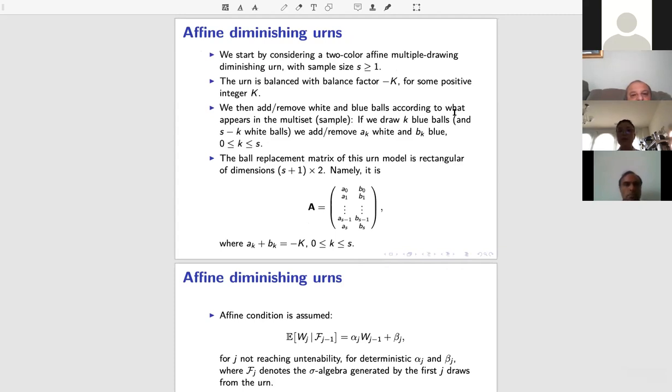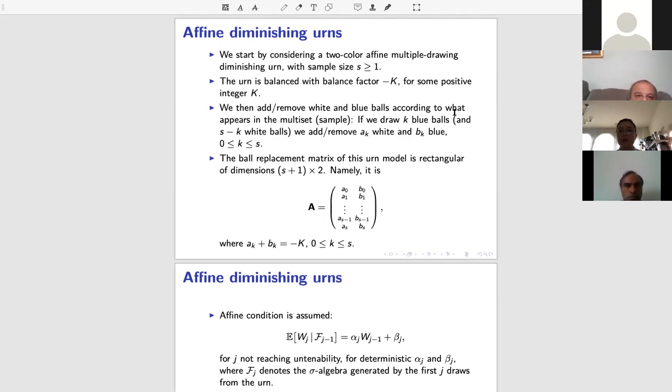The replacement matrix is still S plus 1 by 2, which means at each time step, we take a sample of fixed size S, where S is some positive integer. And we add or remove balls according to the replacement rules.